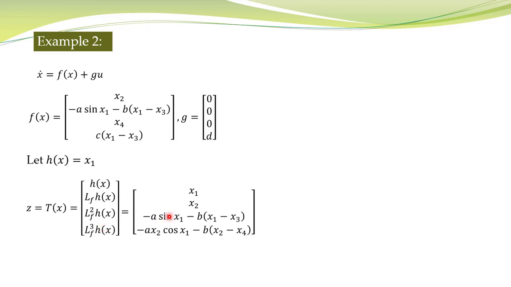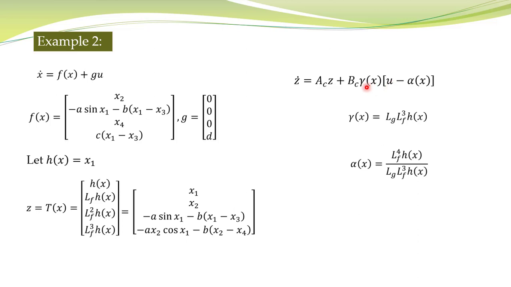So after these computations you have this state transformation. Once you have this state transformation, you can represent the system in new state variables that is given over here, and it is the normal form, and by use of appropriate control law you can obtain its exact linearization, where this gamma of x and alpha of x are given by these relations, and we have learned how to compute all these things.